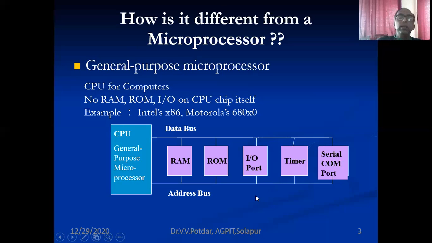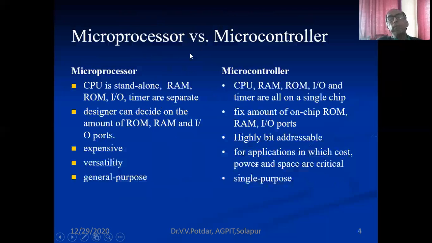So if we compare microprocessor with microcontroller, friends, in the microprocessor, the CPU is standalone, and RAM, ROM, input-output, and timer are separate. In a microcontroller, CPU, RAM, ROM, IO, and timer are all on a single chip. This is a major difference between a microprocessor and a microcontroller.